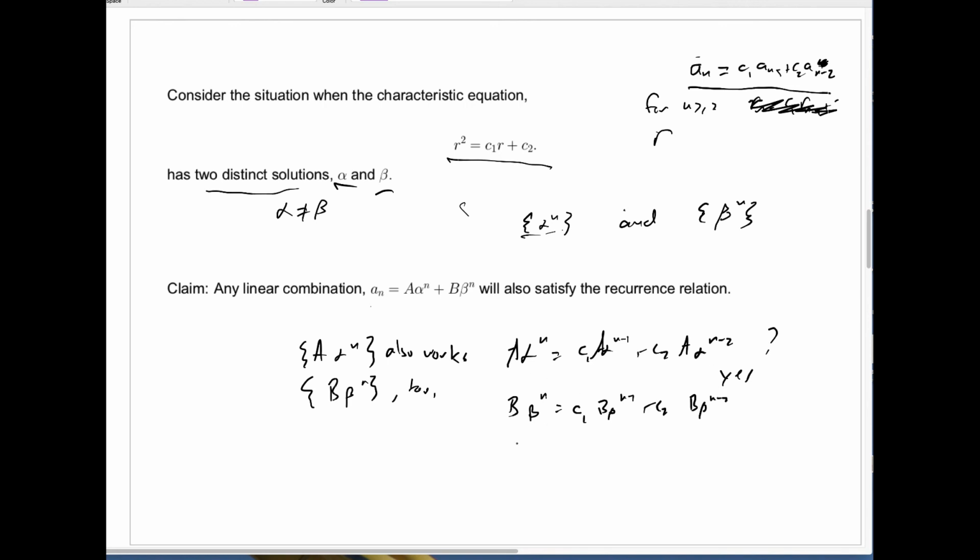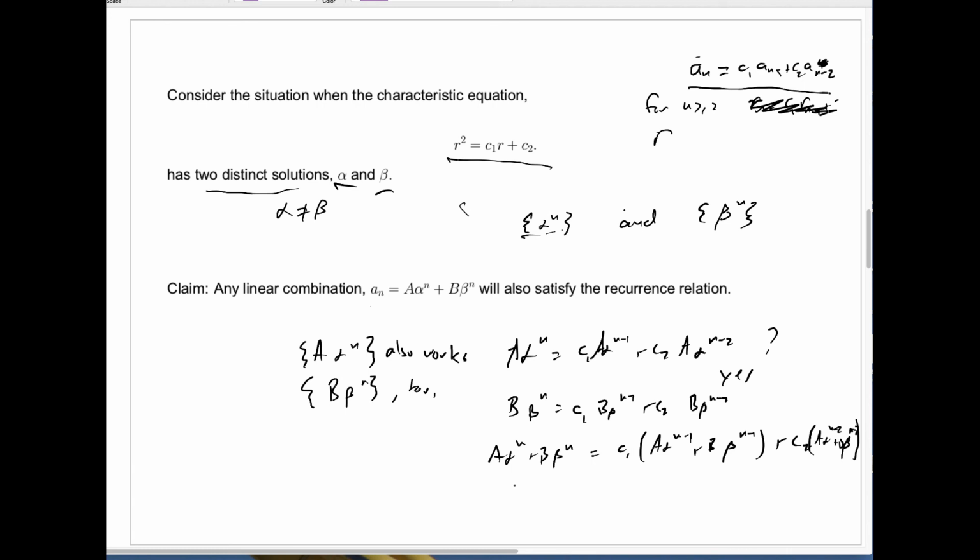What happens if I just add the left and right sides? I get a alpha to the n plus b beta to the n is c1 times a alpha to the n minus 1 plus b beta to the n minus 1, plus c2 times a alpha to the n minus 2 plus b beta to the n minus 2.